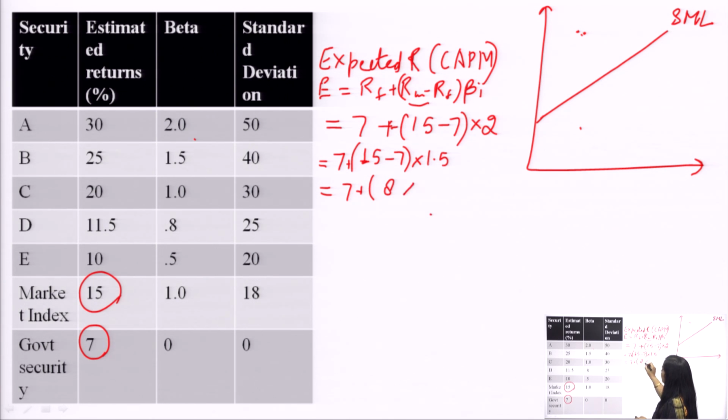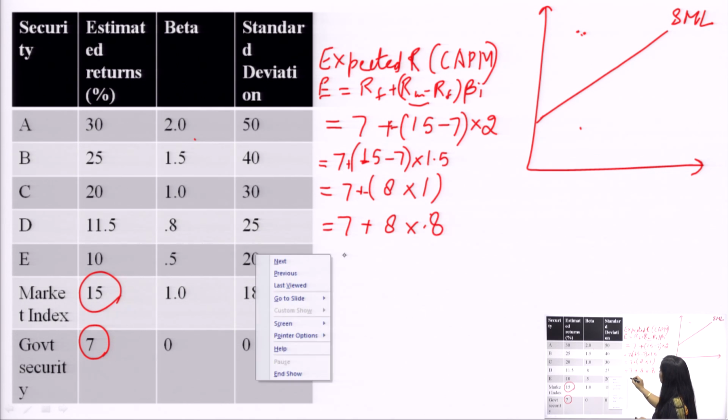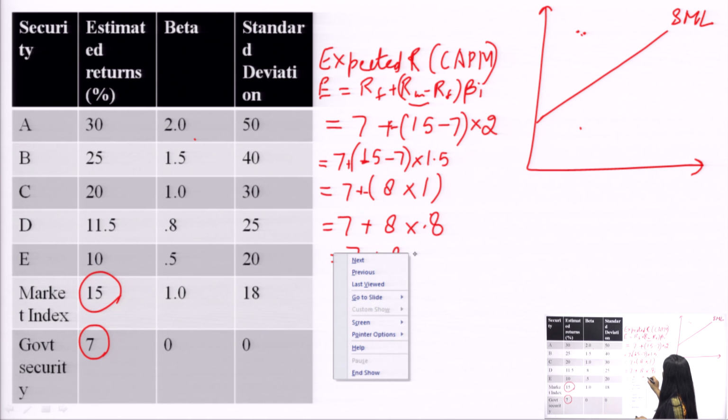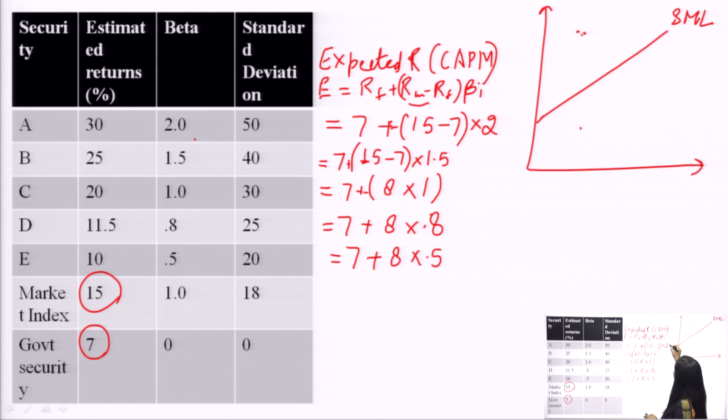So, 8 into the value of beta, which is 1 here. Here it will be 7 plus 8 into the value of beta 0.8, and here it will be 7 plus 8 into 0.5.